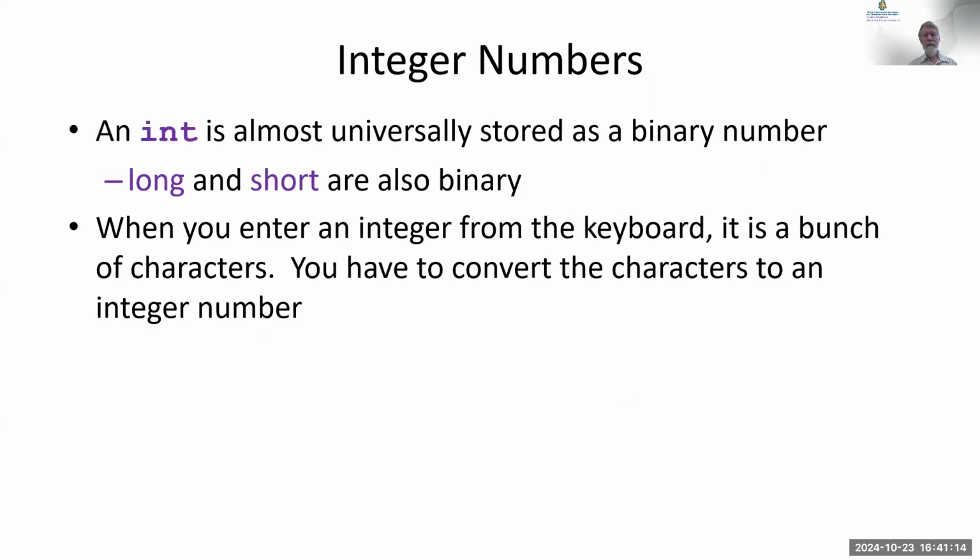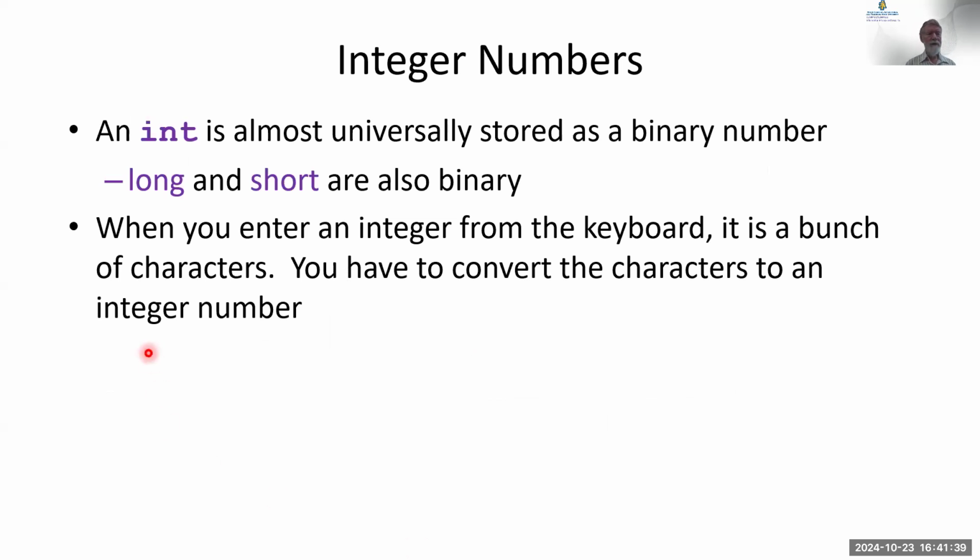Okay, integers. Let me spend a few minutes talking about how integers are stored in a computer, or how numbers are stored in a computer, particularly integers. Integers are almost always stored as binary numbers. We have multiple versions of integers. We have int in a computer, and that's typically a 32-bit integer, although it doesn't have to be.